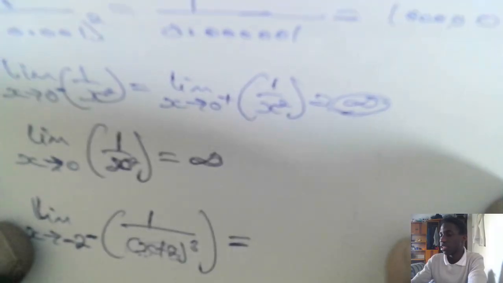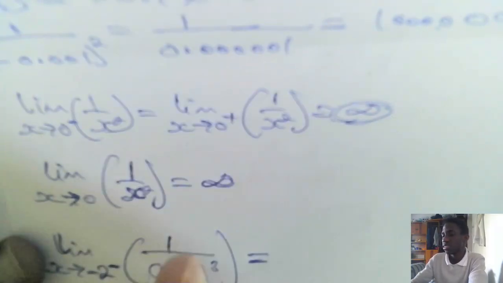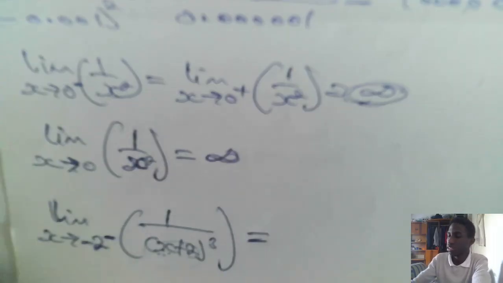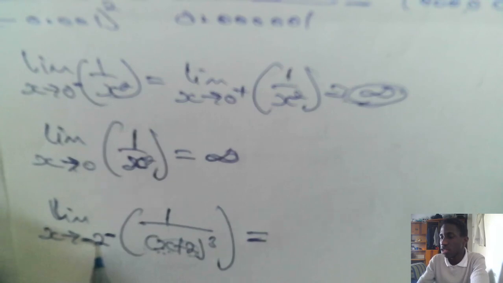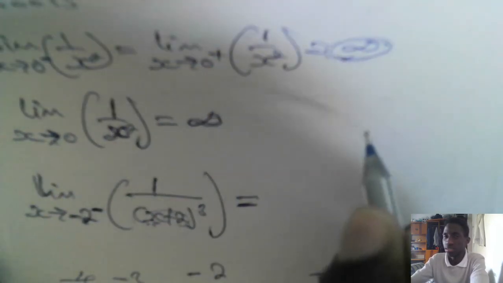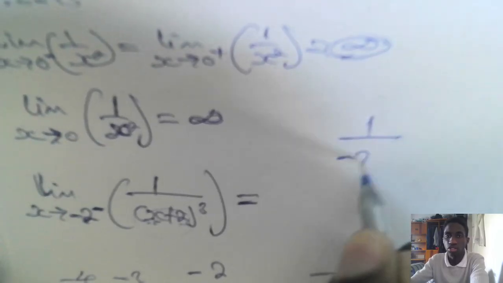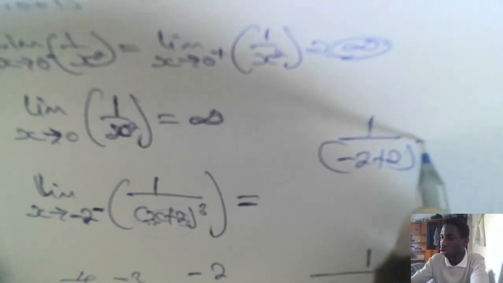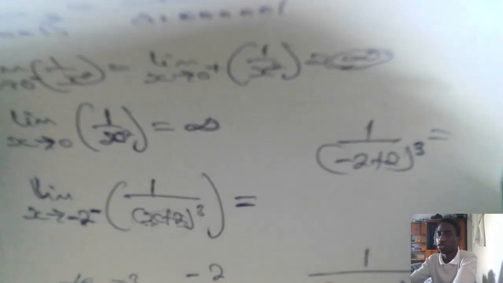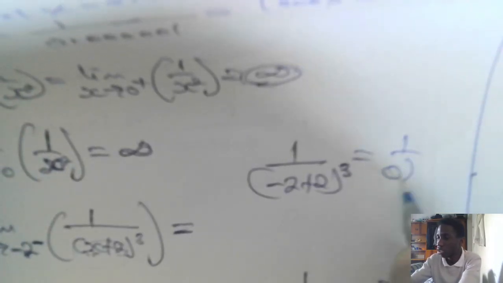Finally, we can put in a test here while trying to analyze the function. If I put in minus 2 where I see x, just a test, so 1 over minus 2 plus 2, I'm going to get 1 over 0 all cubed, which is equal to 1 over 0.